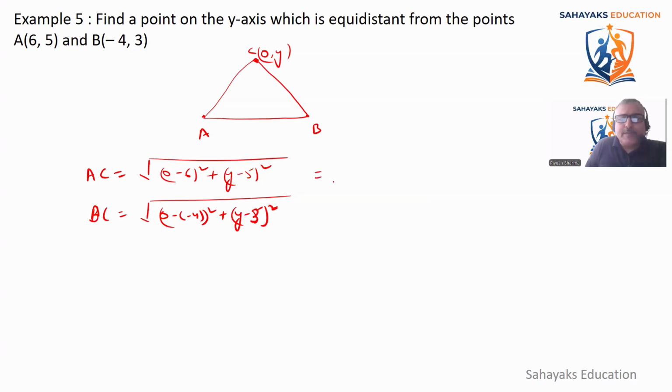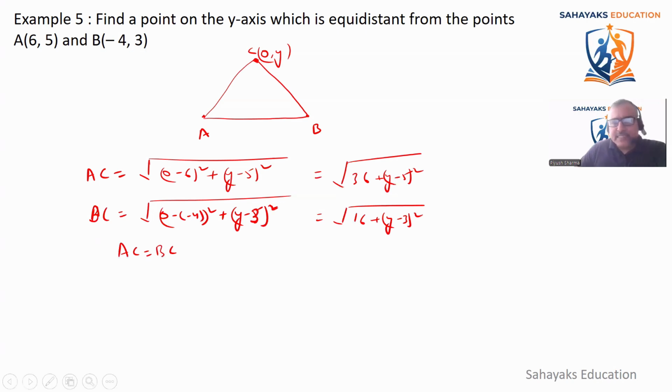So this comes out to be square root of 6 square is 36 plus y minus 5 whole square, and this comes out to be 16 plus y minus 3 whole square. And we know that AC is equal to BC.